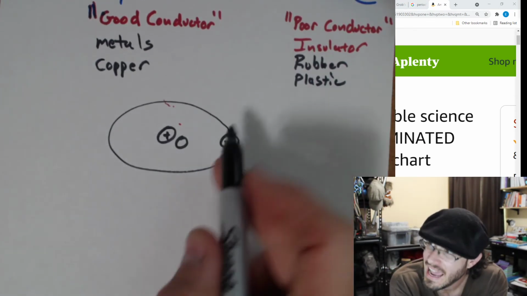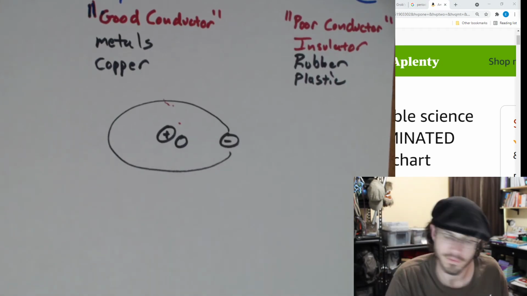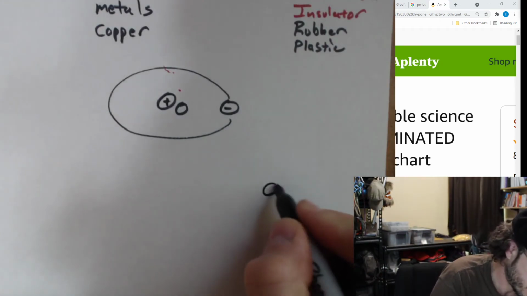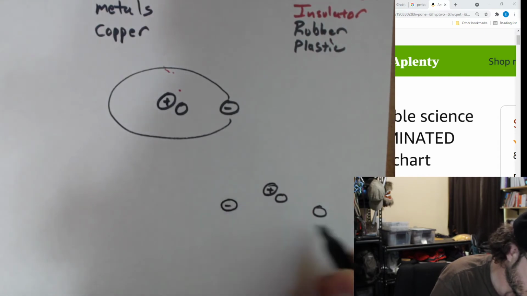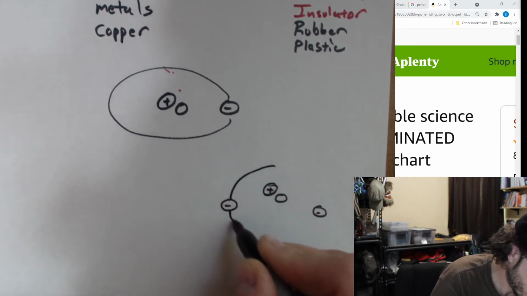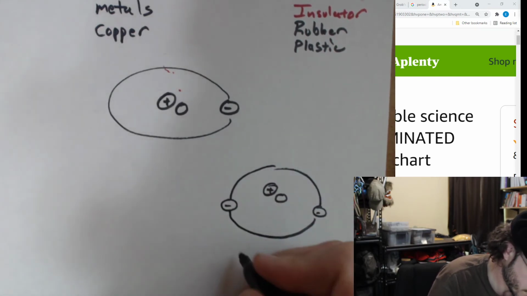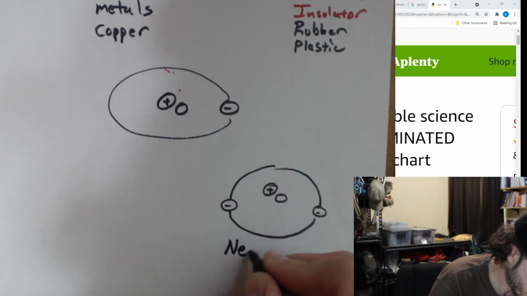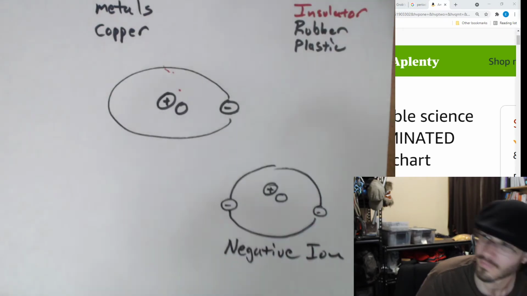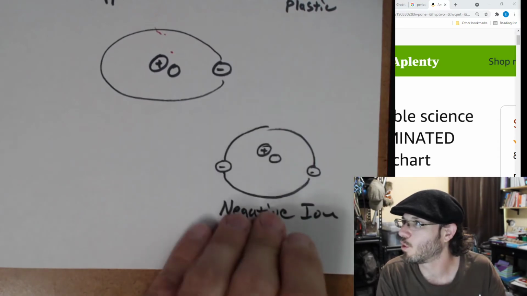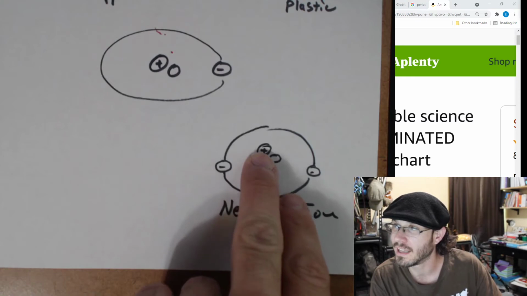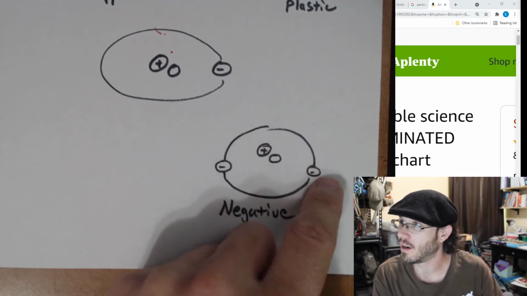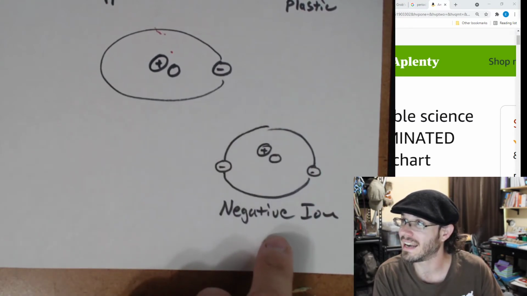If I do that, I have made this more negative, right? Because I've got 2 electrons and 1 proton. These 2 cancel each other out. I'm left with more negative. So we got a negative ion.